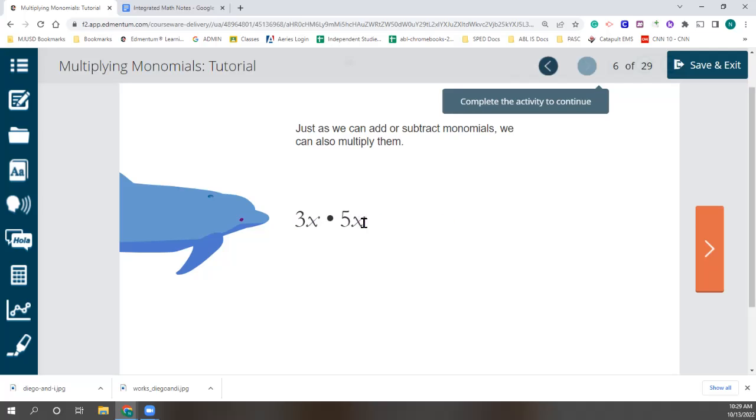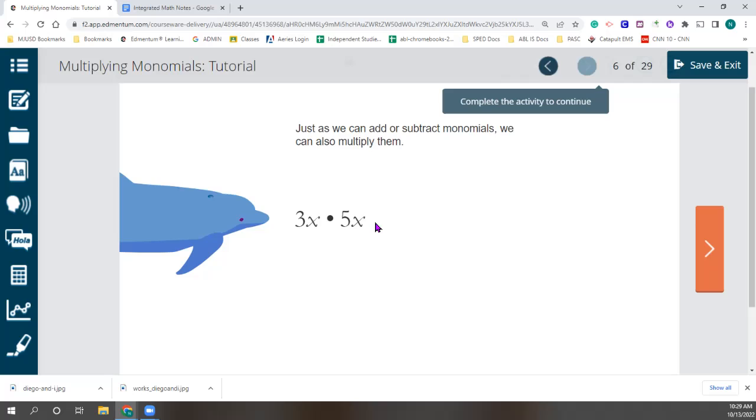When we multiply, we are finding out how much in all. So, if you read it as a sentence, there are 3 groups of x's multiplied by 5 groups of x's.